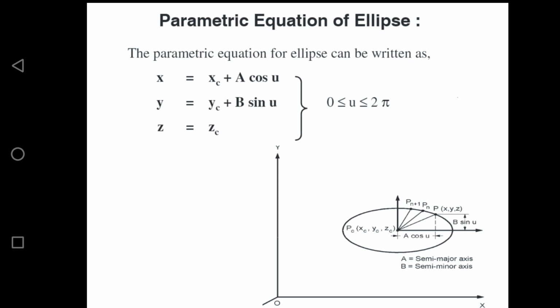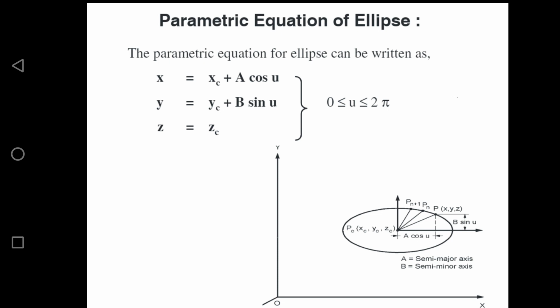I wanted to find out the parametric equation for the ellipse. The only extra thing added here compared to the circle is A and B. So x will be xc plus a cos u, where xc is the x coordinate of the center point, and y will be yc, the y coordinate of the center point, plus b sin u, the vertical distance of the point P from the center, and z remains zc, the z coordinate of the center point.